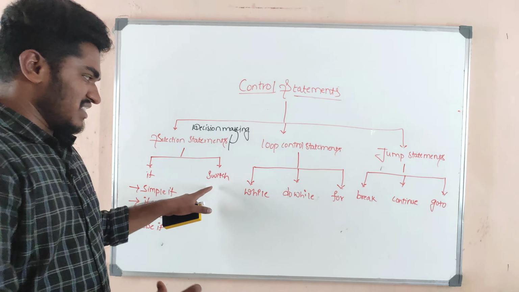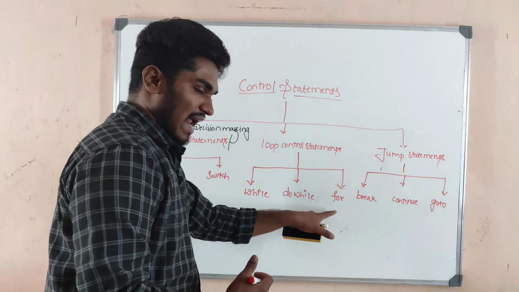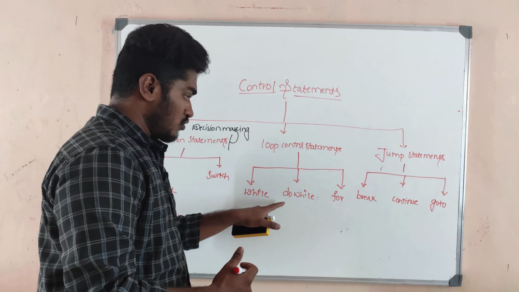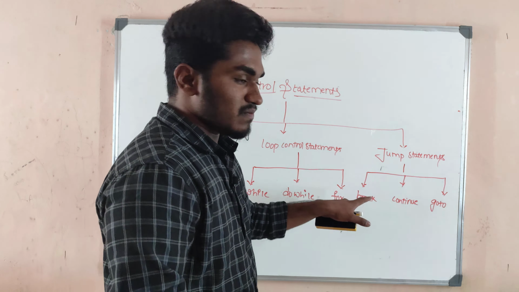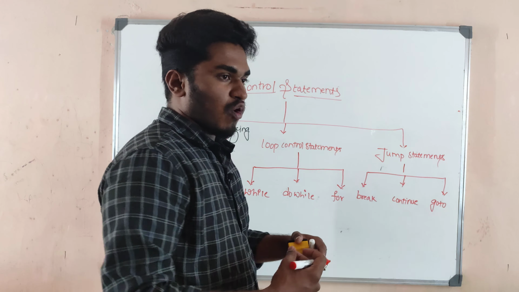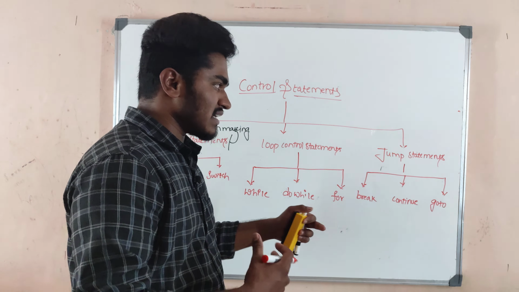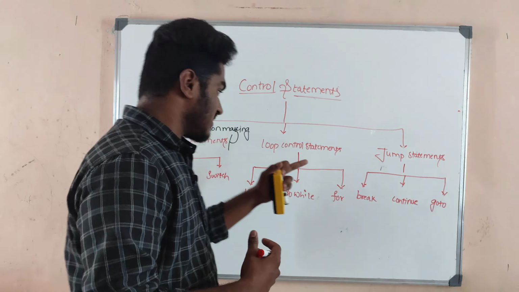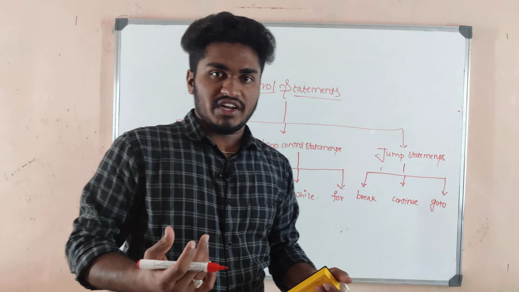Switch is only switch itself. Loop control statements are divided into three categories: while, do while, and for. Jump statements are used whenever we want to break a particular condition. We'll be discussing in detail these jump statements, loop control statements, and selection statements in upcoming videos.